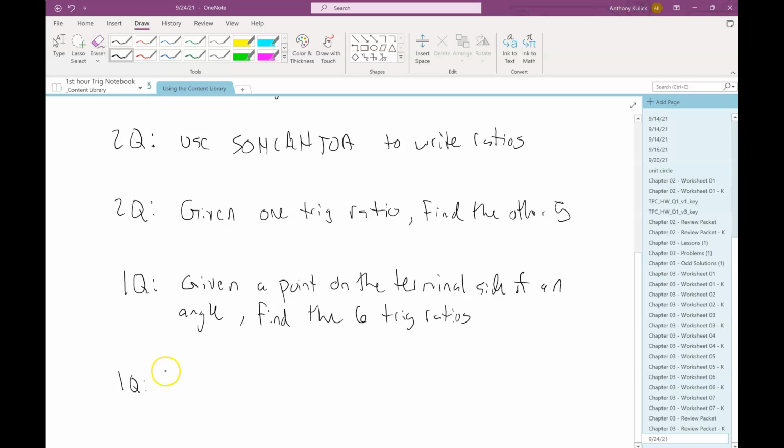And then we'll have 1 question where we're given 1 trig ratio, and then the sign of another.